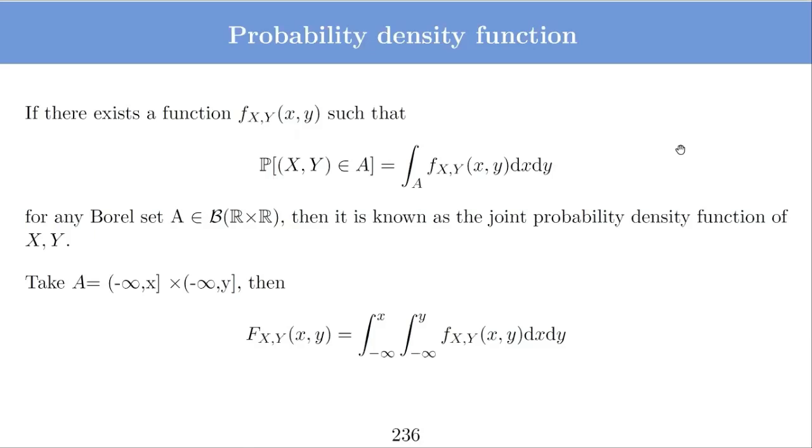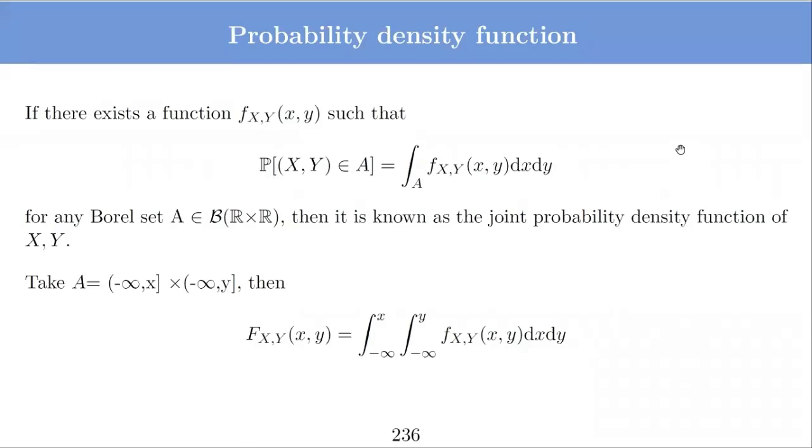If this is true for all possible values of A, then we say that f_XY is the probability density function of (X, Y), or the PDF of the CDF of XY, or the PDF of the probability measure of XY.